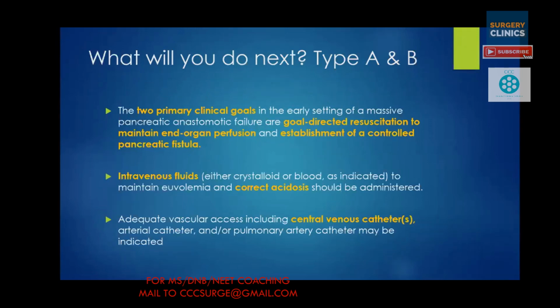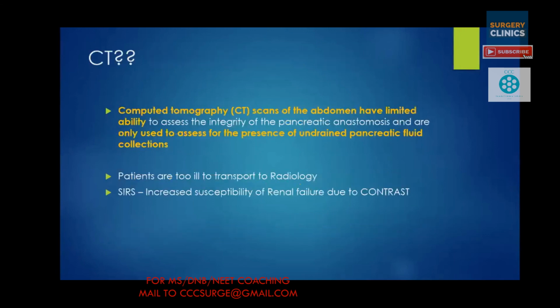You give IV fluids, you correct acidosis, you do more vascular access, central venous catheter. These are the things that the examiner will want to know. They will not want to know whether you're directing PJ to pancreatic or gastrostomy or not. So use these terms which are there in yellow: goal-directed resuscitation, establishment of controlled pancreatic fistula by IV fluids, correcting acidosis, and central venous catheterization.